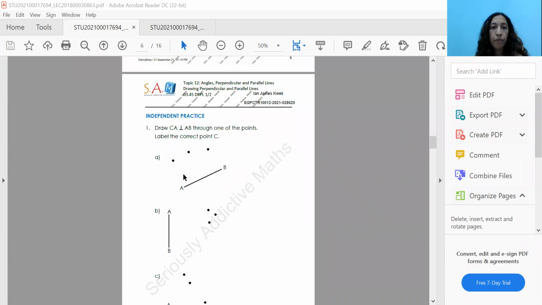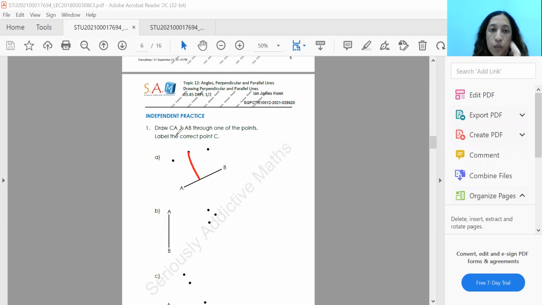Draw CA perpendicular to one of the points. Label the correct points. All right, so AB is given, right? So you're supposed to draw CA perpendicular to AB through one of the points. Label the correct point C. So let us try. How about, okay, if we were to do in the middle, do you think this is correct?